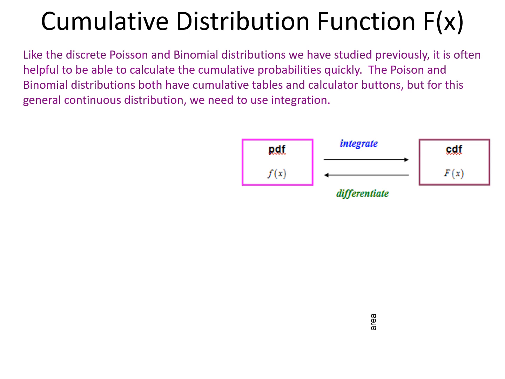But for this general continuous distribution, we don't have a button. We've got to use integration. So to get to the cumulative distribution from the other one, we just integrate. And to get back from our cumulative distribution to our probability density function, then we differentiate. So it's great we use a bit of calculus.